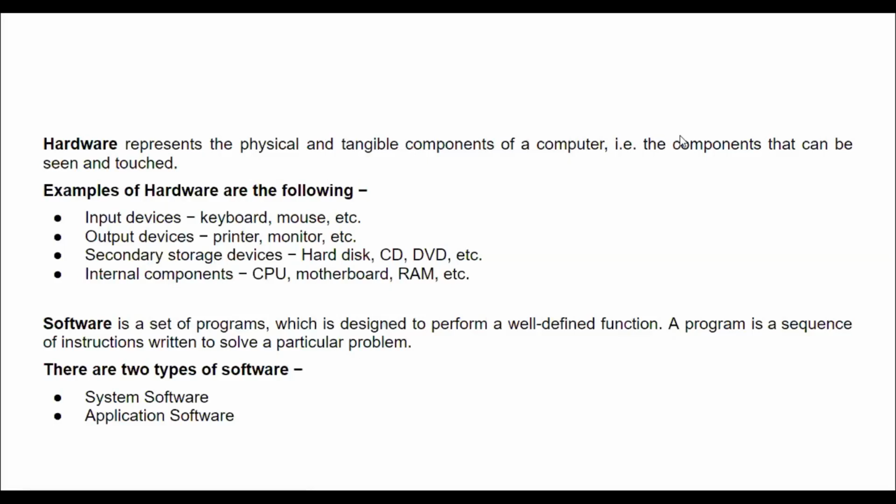Software is a set of programs designed to perform a well-defined function. A program is a sequence of instructions written to solve a particular problem. It is a set of instructions that tell a computer what to do. Software comprises the entire set of programs, procedures, and routines associated with the operation of a computer system.